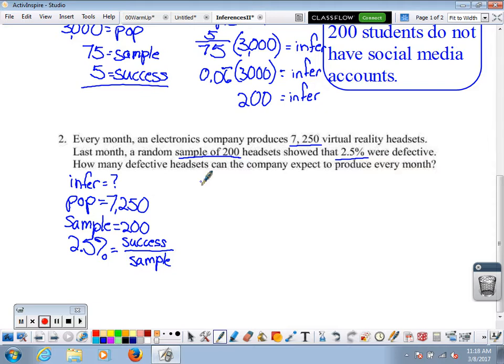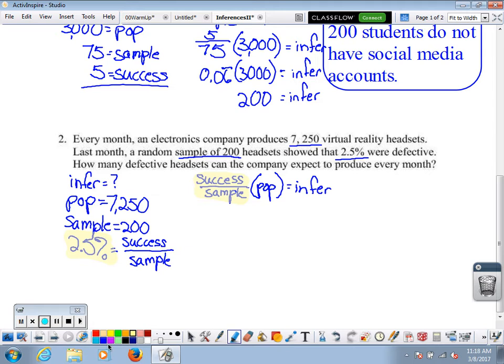Because remember, our formula is successes over sample size times the population equals that inference. Well, they're actually doing this whole part for us. We don't have to divide the successes by the sample because they gave us that.